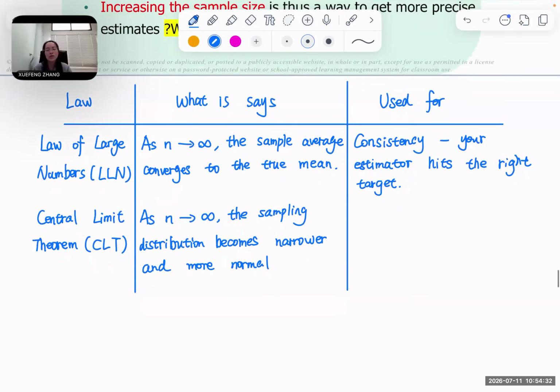We use it for precision, which means your estimator becomes more reliable.